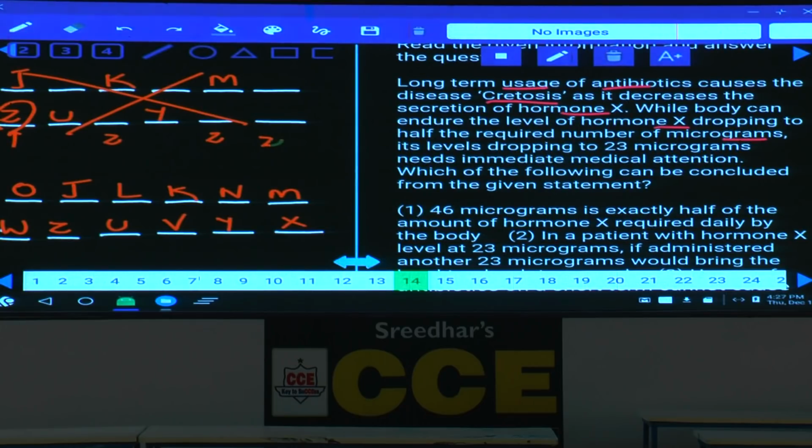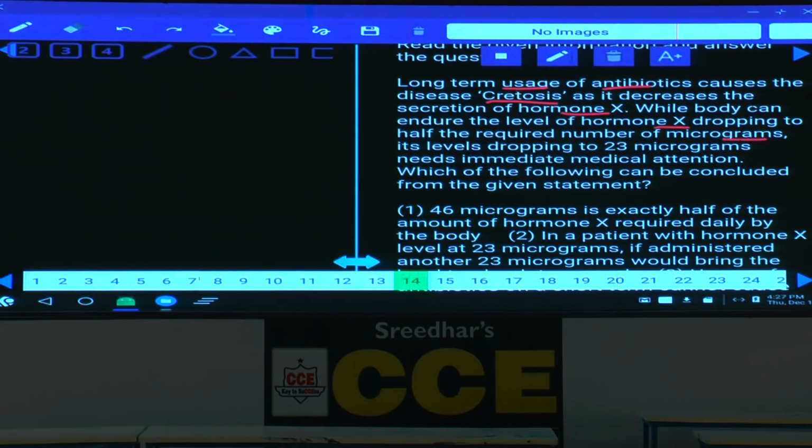Now let us take for example, if some 100 micrograms is required, the body can sustain up to 50. If it decreases to 50, then also no problem. Its level dropping to 23 micrograms needs immediate medical attention. If it is lesser than this half, then immediate medical attention should be there, isn't it?